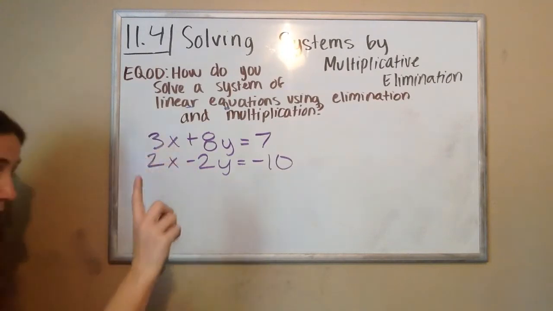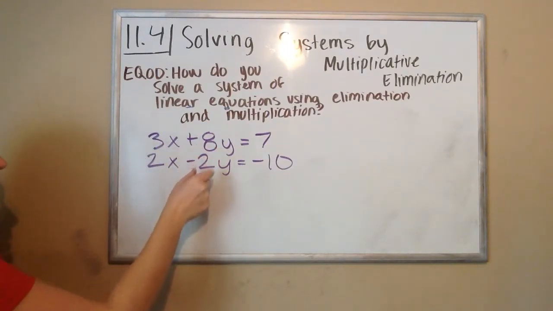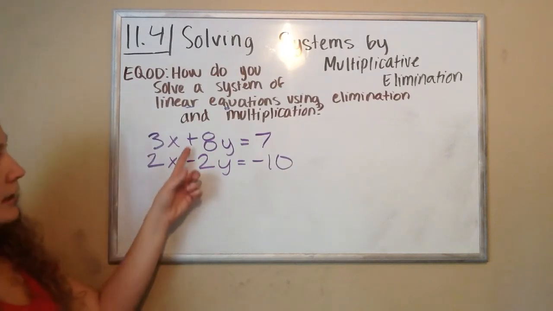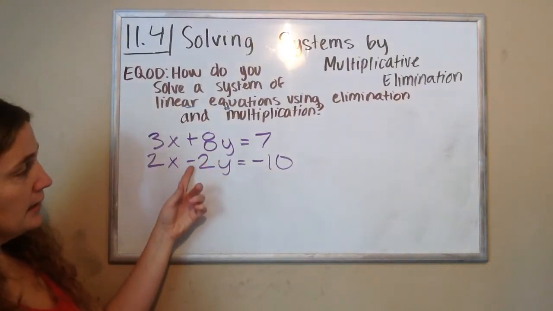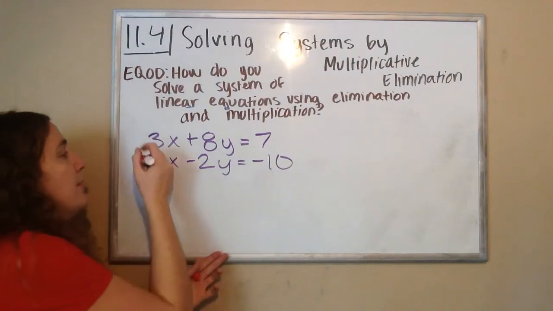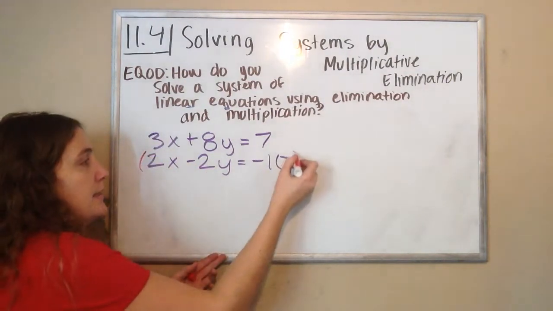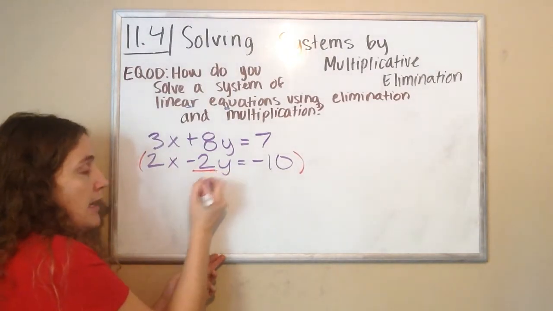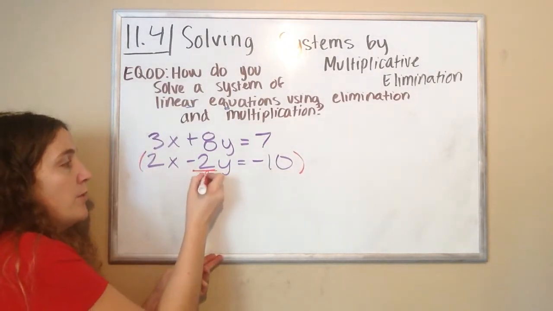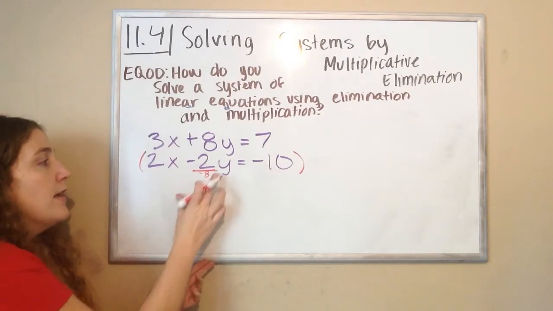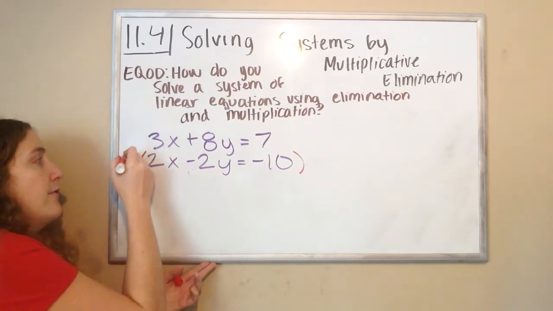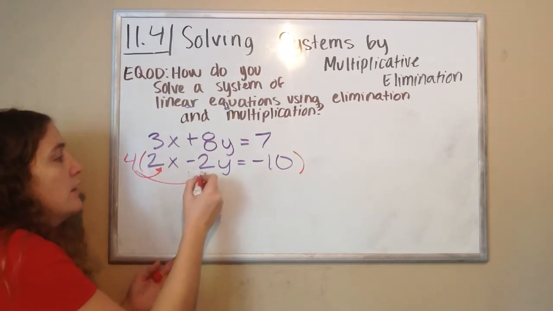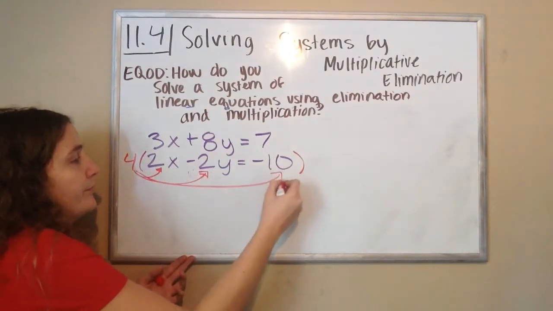But 3 and 2 are not opposite, and 8 and negative 2 are not opposite, but notice that this is a plus and minus, and I wonder what would happen if we made this a negative 8? In order to make this a negative 8, we would need to multiply the entire equation by 4. So let's multiply the entire equation by 4.